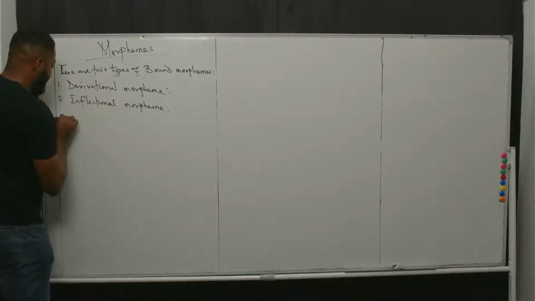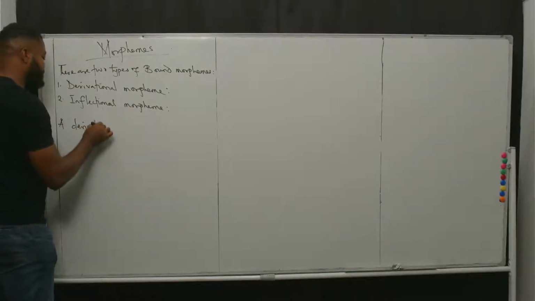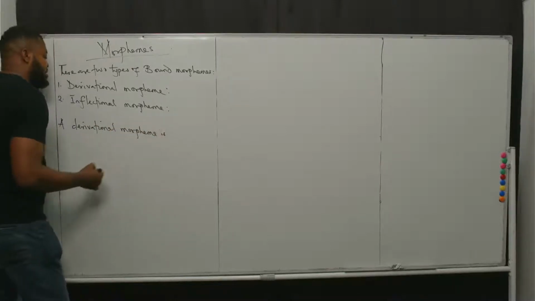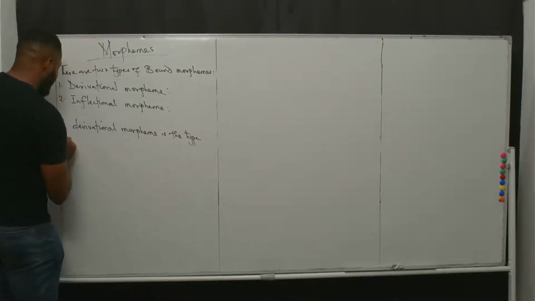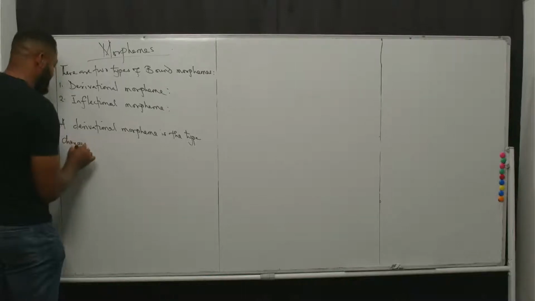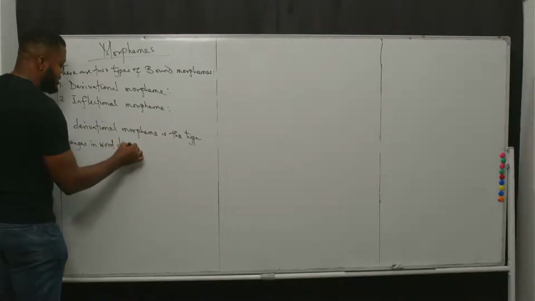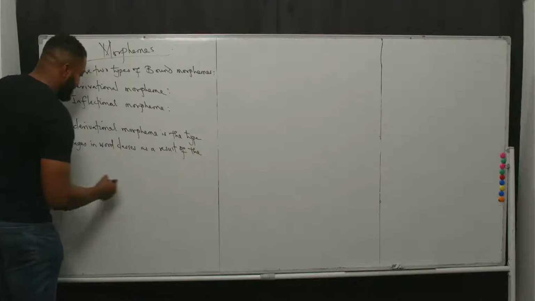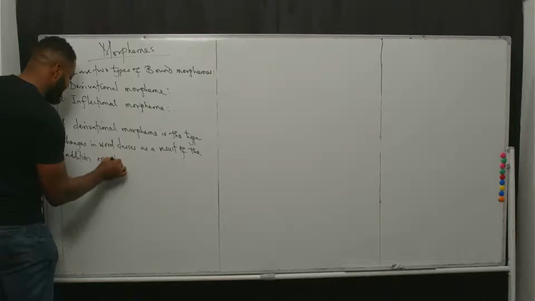Now, let's start with a derivational morpheme. A derivational morpheme is the type that changes in word classes as a result of the addition of letters.